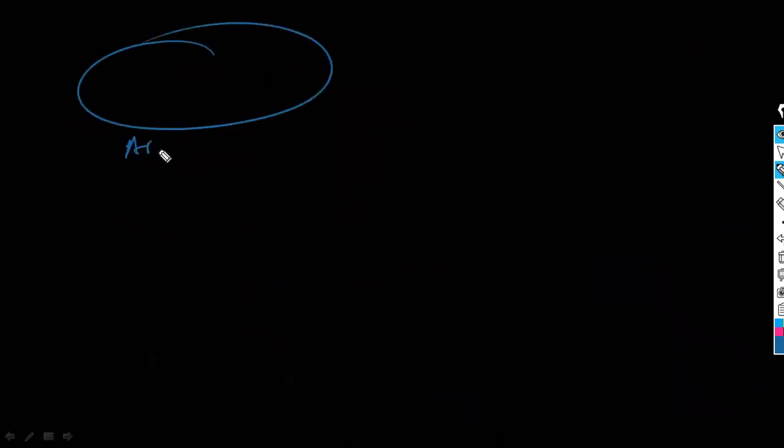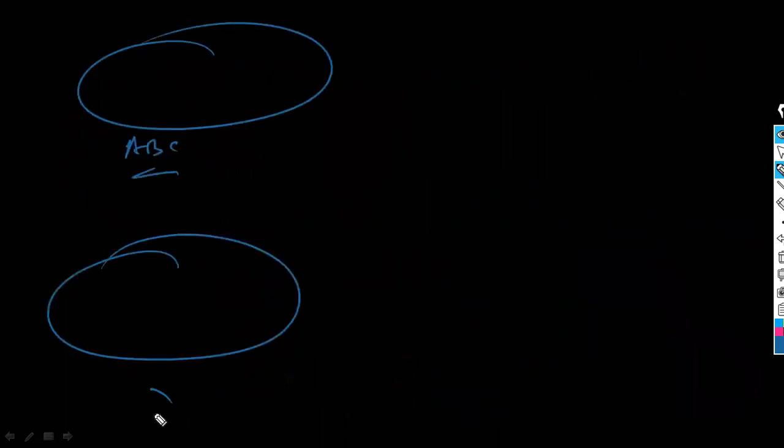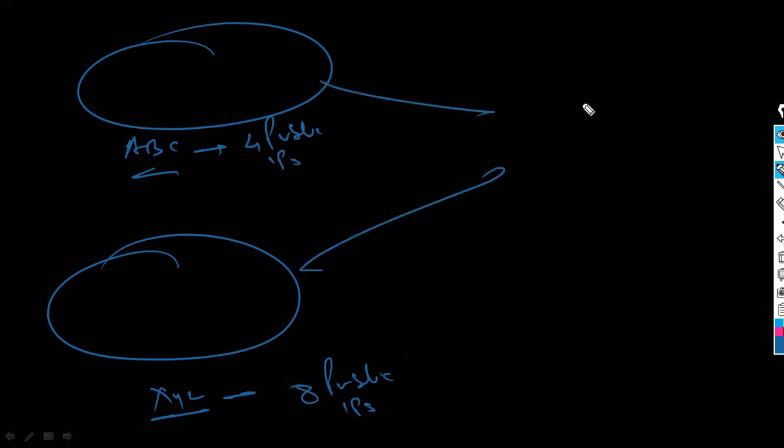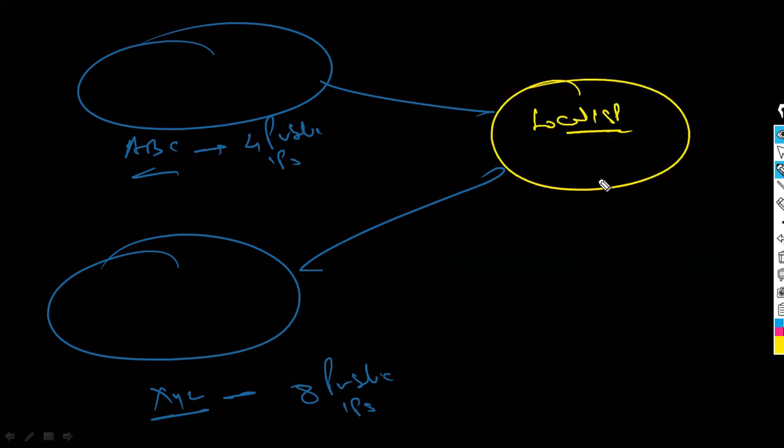This is organization ABC. And let's say there is another organization, company XYZ. XYZ's requirement is 8 public IPs, and ABC's requirement is, let's say, 4 public IPs. They both approached a local service provider, an internet service provider, a cable modem provider, a broadband internet provider.